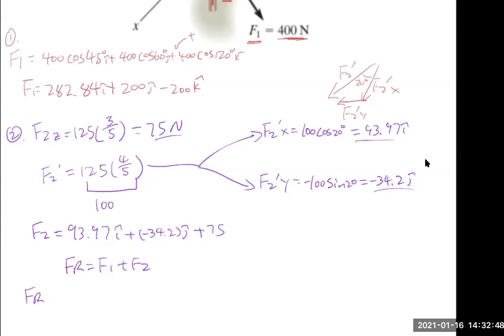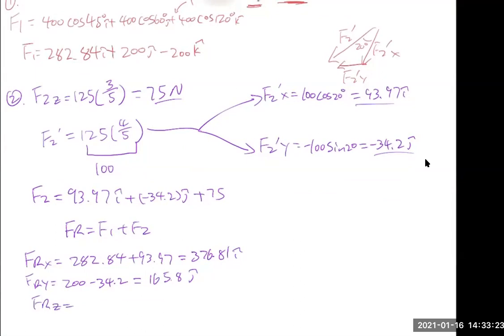So let's break FR into FRx. That's simply 282.84 plus 93.97, which is going to equal 376.81 i hat. FRy is simply 200 minus 34.2, which is equal to 165.8 j hat.